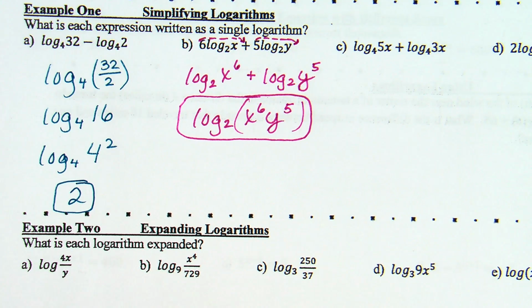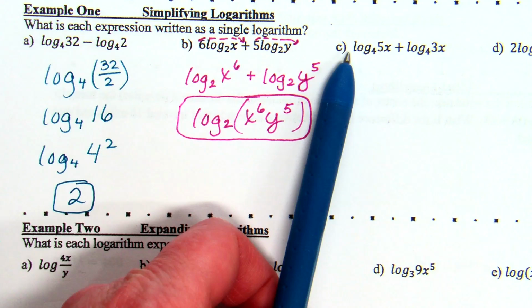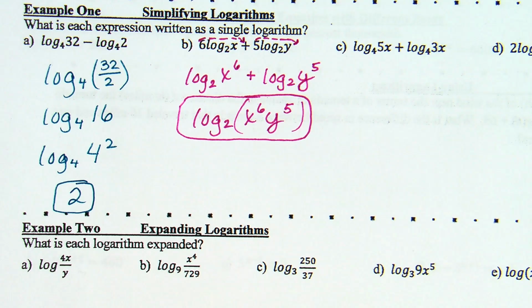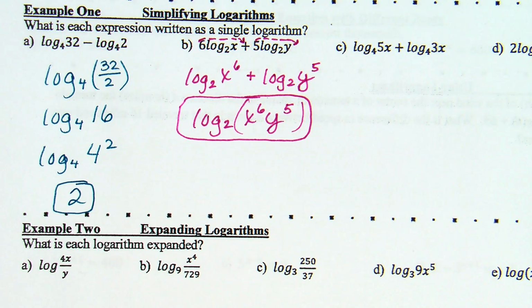Okay, well, in order to use the power property, there has to be a number at the beginning. Do we have any numbers at the beginning? We don't have any numbers out front of the logs. So if we don't, these logs that are being added are ready to be put together.